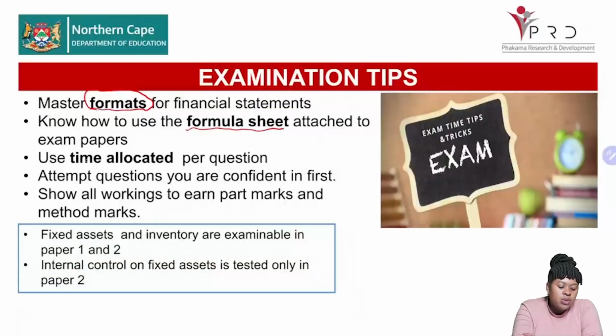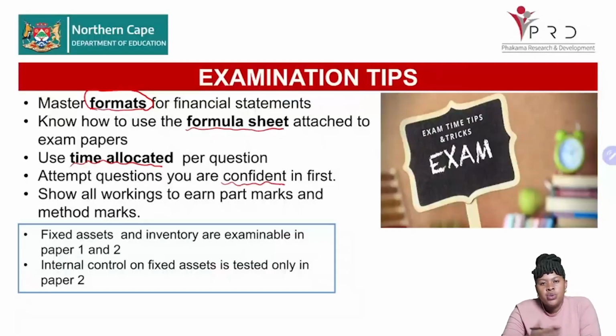Okay, then you must try by all means to use the time allocated per question. So if the examiner is giving you the time allocation there, try to stick to that particular time. Hence, you have to practice your time management as you are practicing for your paper one. Then try to attempt all the questions, and then try to attempt the questions that you are confident in first.